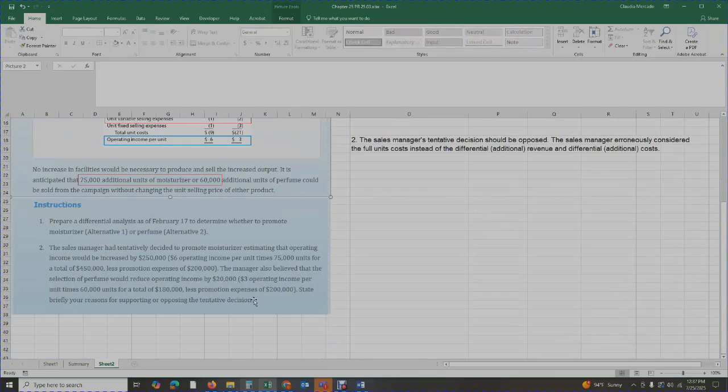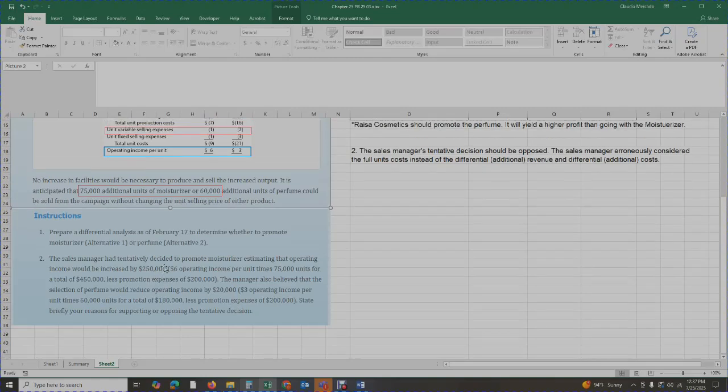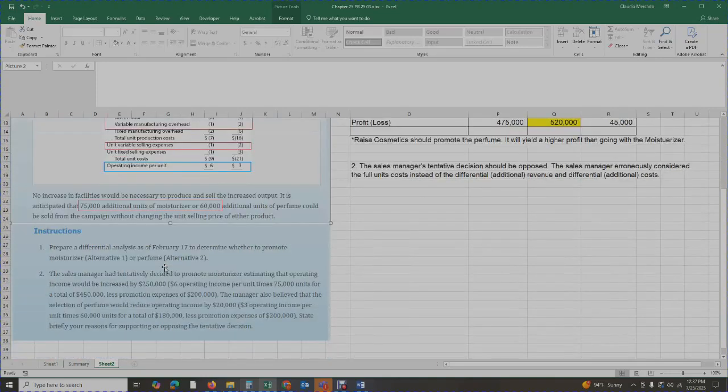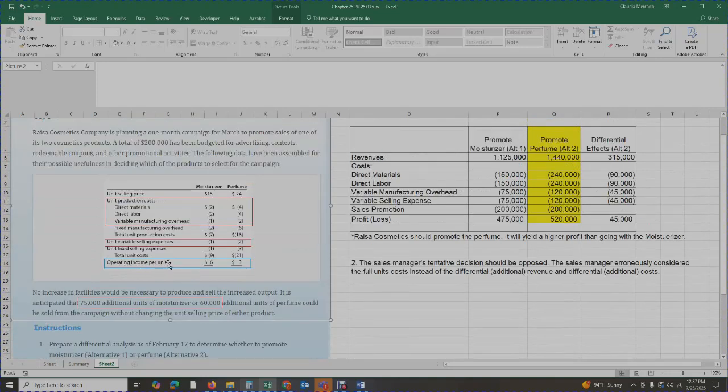And what did they calculate? An income of 250,000 for the moisturizer. So the manager that was doing these initial calculations picked up the operating income per unit, but we know that we should only be including materials, labor, and any variable costs.